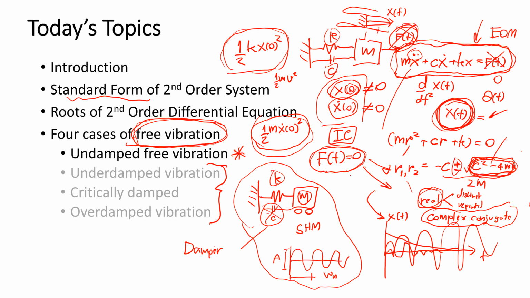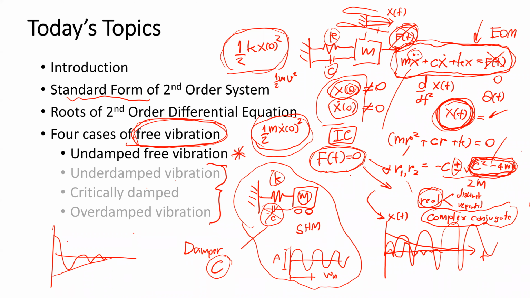So when we have the damper C in the system, if the damper has a small value, a small damping coefficient, the vibration will slowly decay in magnitude and finally stop vibrating.